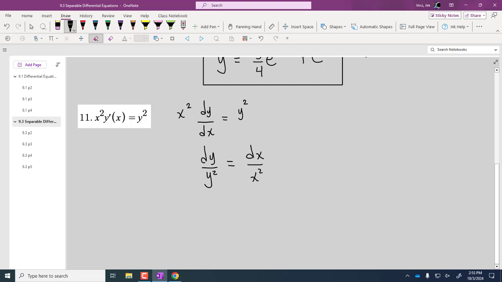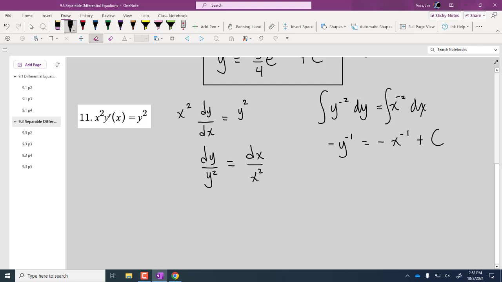And then to integrate, we do what we always do in cases like this, and then we integrate both sides. So when we integrate this side, we get y to the -1 over -1. Integrate this side, negative x to the -1. Then we'll put the 1 constant here on the right.